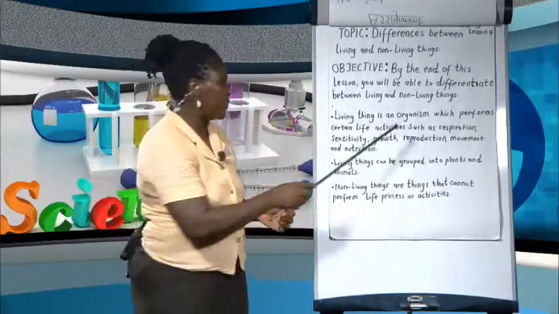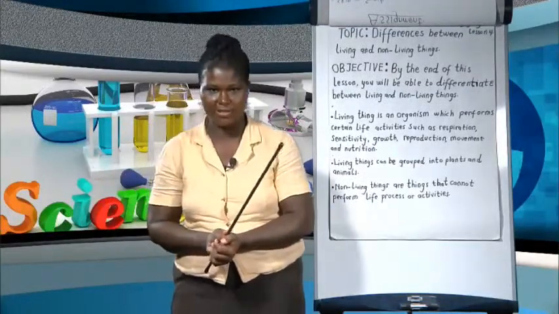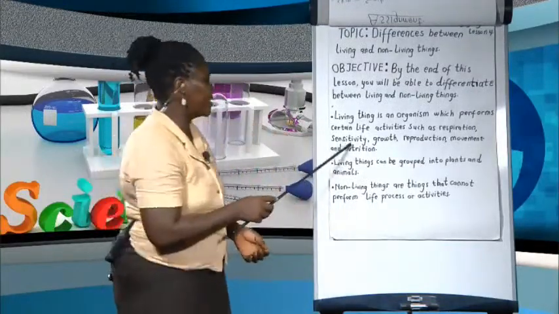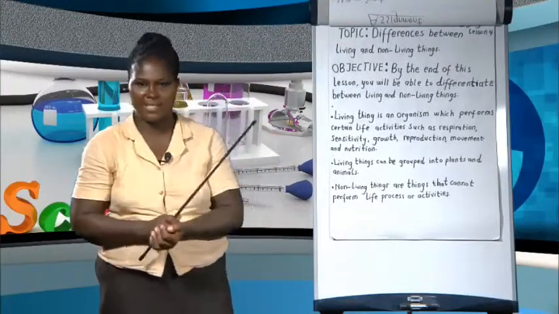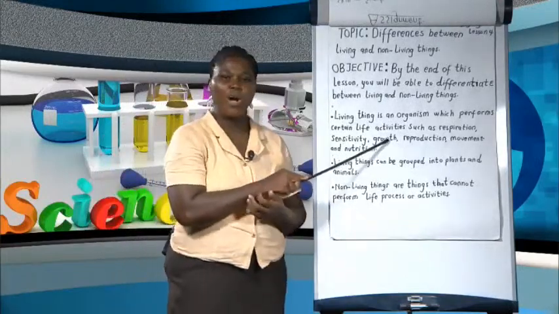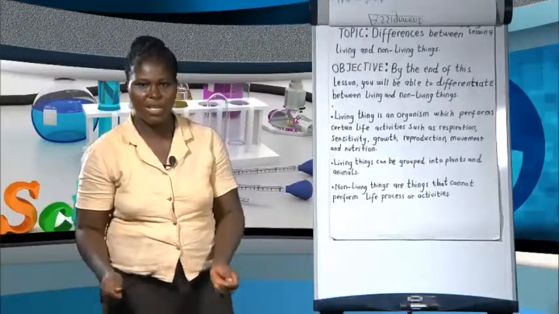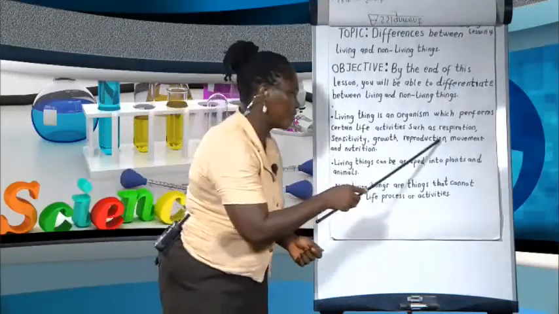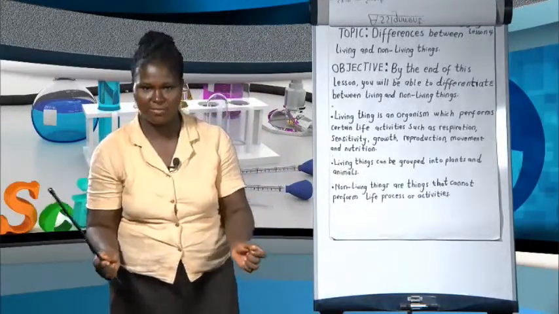Living things respire, whilst non-living things do not. Living things sense, whilst non-living things do not sense. Living things grow, whilst non-living things do not grow. Living things reproduce, but non-living things do not.